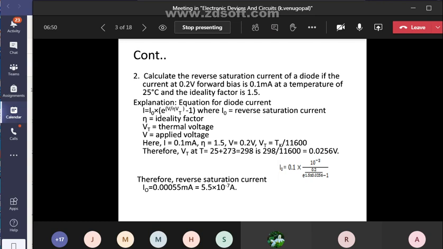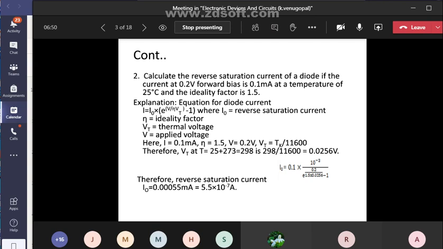Vt is the thermal voltage and V is the applied voltage, right? Here the given values are: the diode current I equal to 0.1 milliamperes, forward bias, eta equal to 1.5, and V equal to the applied voltage 0.2 volts.